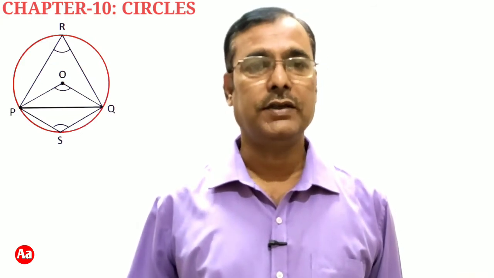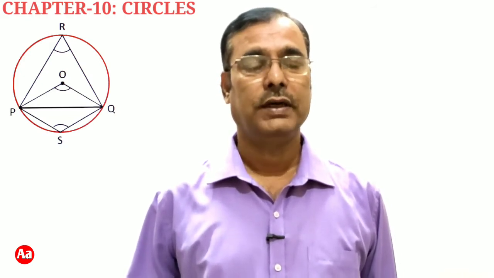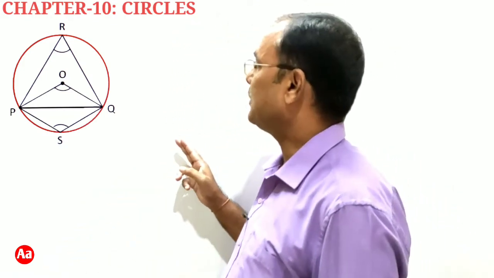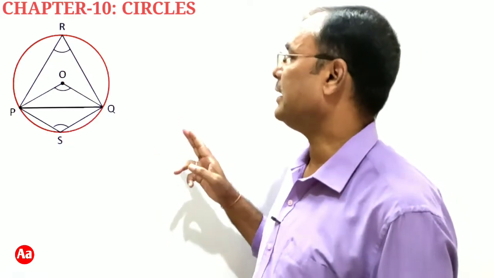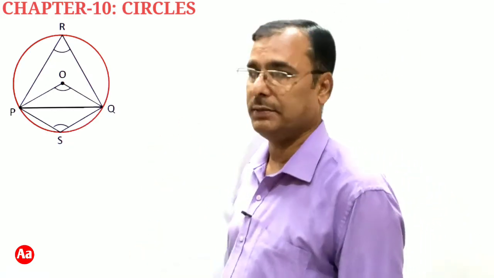As shown in the figure, PQ is a chord of the circle with center O. End points P and Q of the chord PQ are joined to the center O, so angle POQ is the angle subtended by the chord PQ at the center of the circle O. R and S are points in major arc PQ and minor arc PQ respectively.